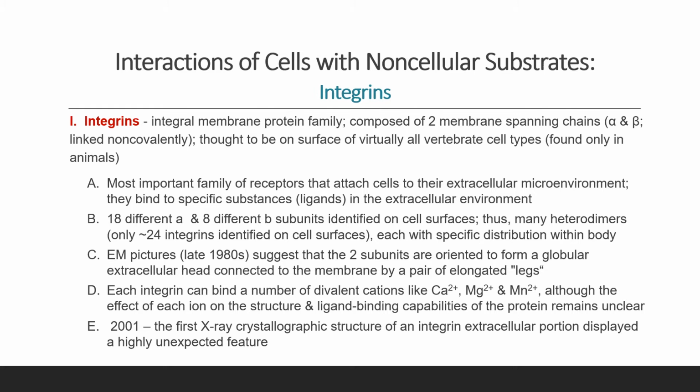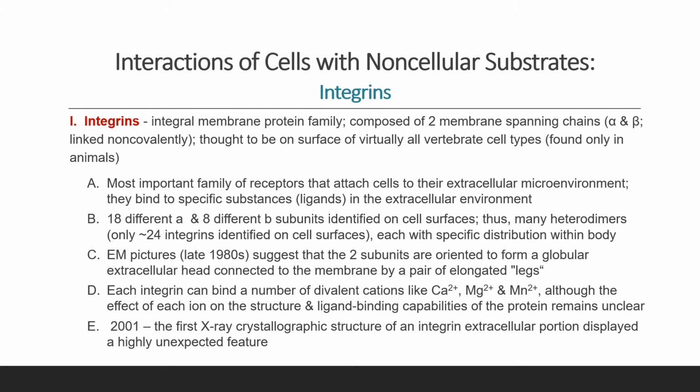So next we have the integrins. For the conformation of how the integrins look, you may want to check your book on page 232. Integrins are an integral membrane protein family. They are composed of two membrane-spanning chains, your alpha and beta, linked by non-covalent bonds. They are thought to be on the surface of virtually all vertebrate cell types and found only in animals.